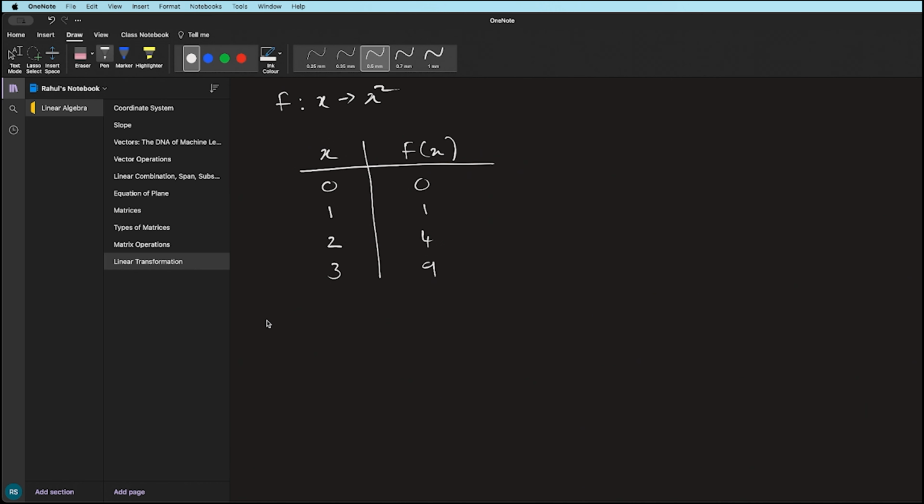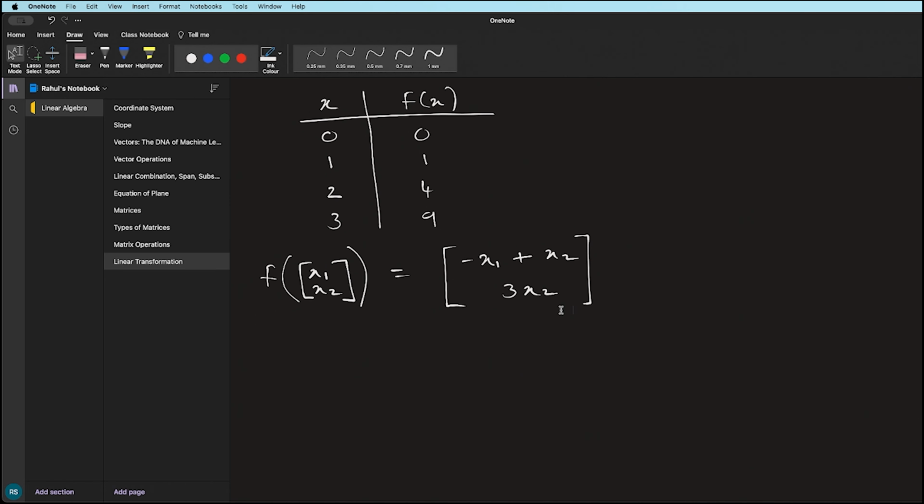But what if I give the input as a vector, that is x1, x2? Here the input vector maps to, for example, minus x1 plus x2, 3x2. So this is the vector to which the input vector x1, x2 maps. So suppose I create a mapping for this, I can write it like this: x1, x2.